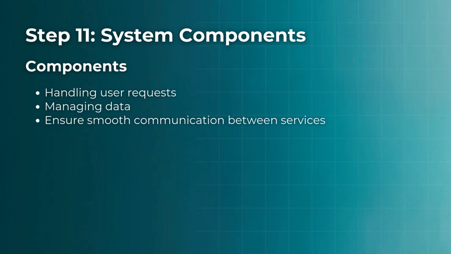Identifying these components early on helps us define how they'll interact and ensures the system operates efficiently. For example, in a social media platform, components like the user service, post service, and notification service each serve a unique purpose. Together, they form the backbone of the platform. So, let's explore how to identify and design these components effectively.